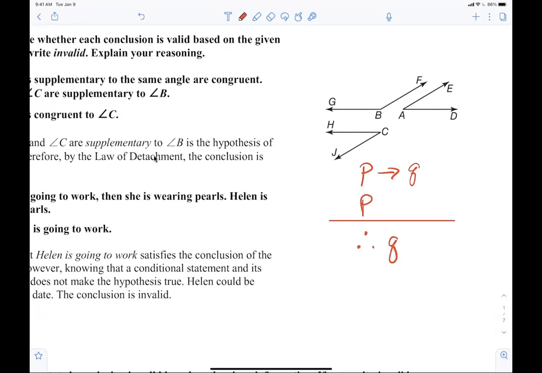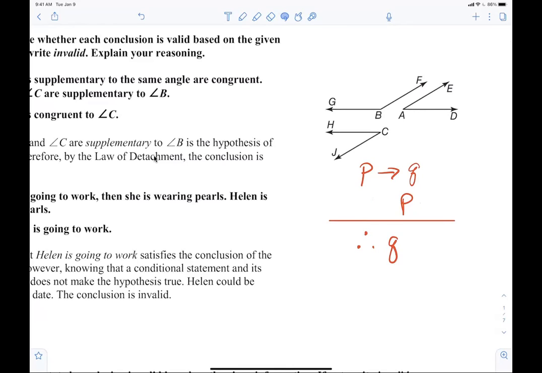The first one is if P, then Q. And sorry, I should have written P further to the right. It's like this: if P, then Q, P, therefore what? Q. That's literally what that says.